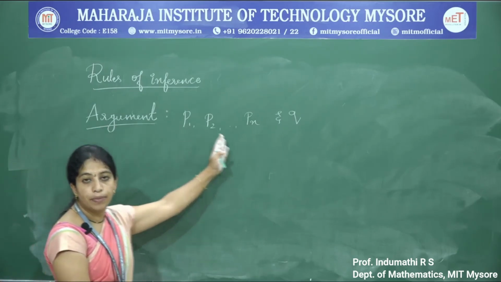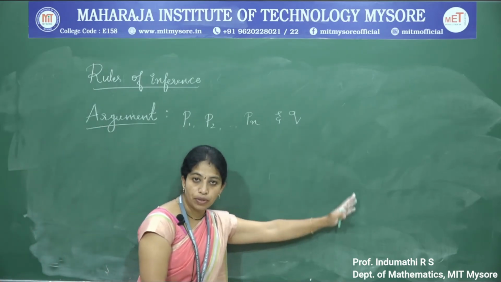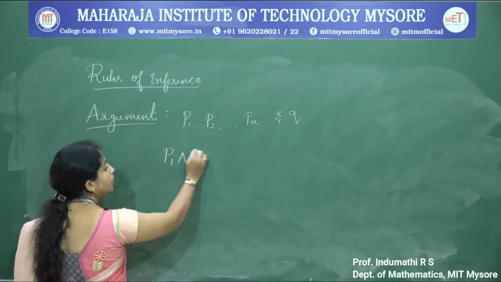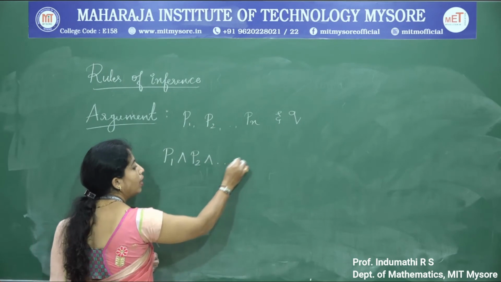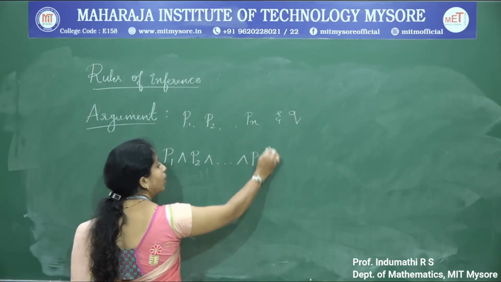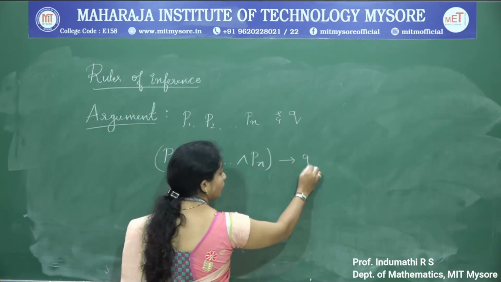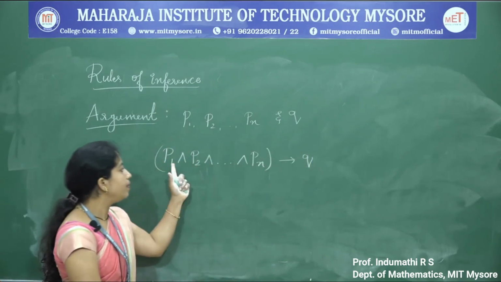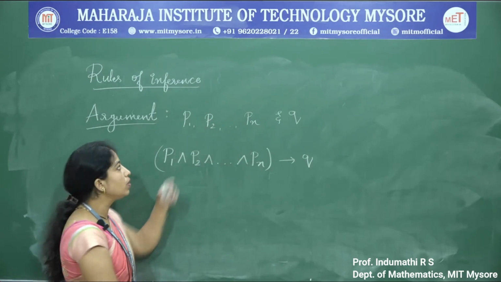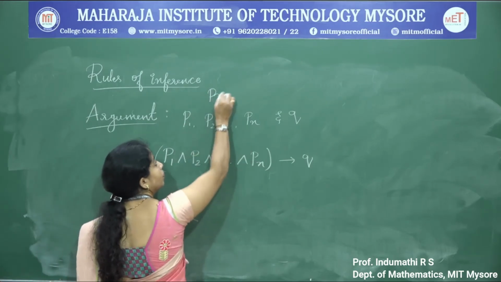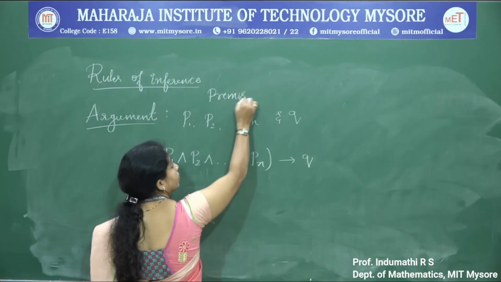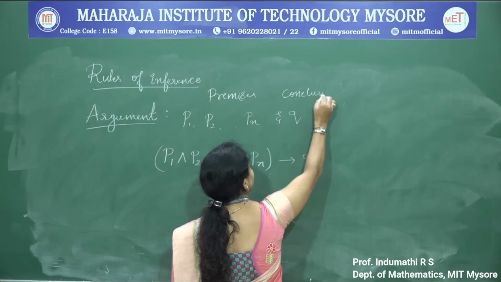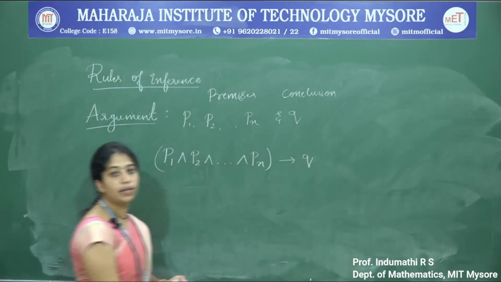Then the compound proposition P1 conjunction P2 conjunction etc. conjunction Pn conditional Q is called an argument. Here P1, P2, etc., Pn are called premises and Q is called the conclusion of the given argument.